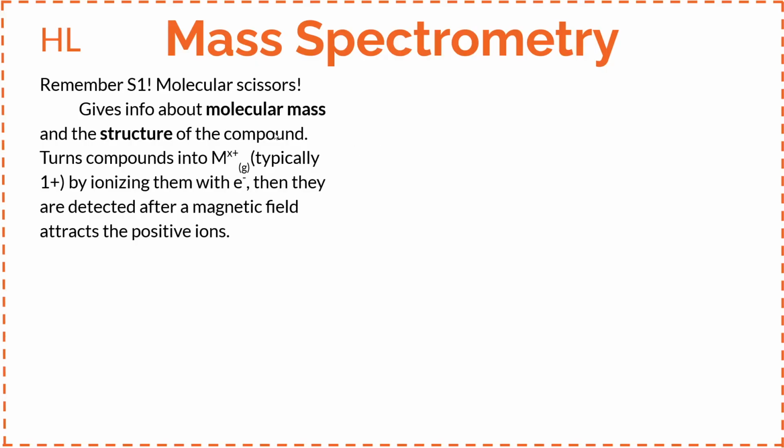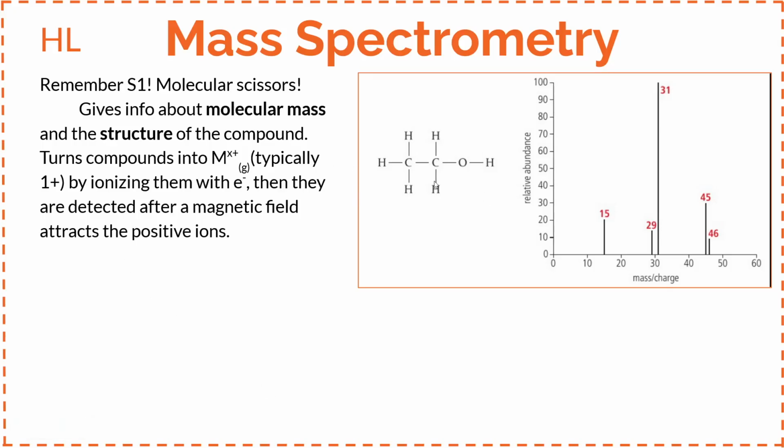A mass spectrometer turns compounds into an ion, which is typically 1+, by making sure it's a gaseous compound and ionizing it with electrons. Then the ions are detected after a magnetic field attracts the positive ions that are left. Here we can see a mass spectrum for ethanol.